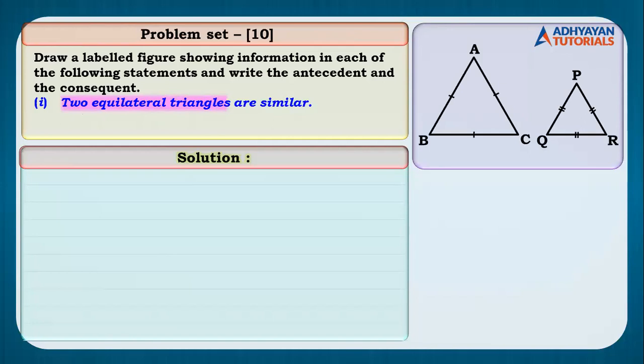The definition of an equilateral triangle is, if all the three sides of a triangle are equal, such a triangle we call an equilateral triangle. Now here there are two equilateral triangles. This information is given. So I state triangle ABC and triangle PQR are equilateral triangles.